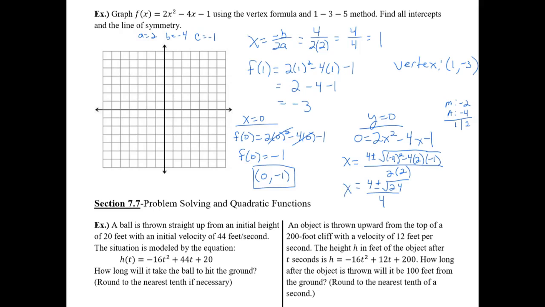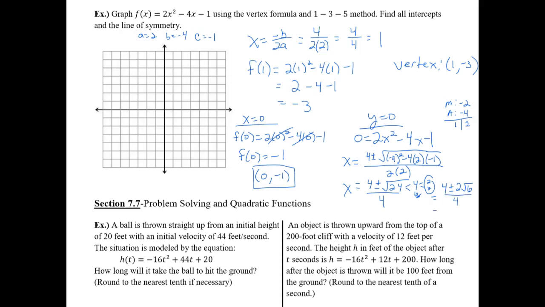If you're asked to leave this in exact form at any time, we need to simplify that radical. This is 4 times 6, and 4 is a perfect square. 6 is not, so we can take out that 2. So this would be 4 plus and minus square root of 2 squared is 2. And we still have that 6 left underneath, all over 4.